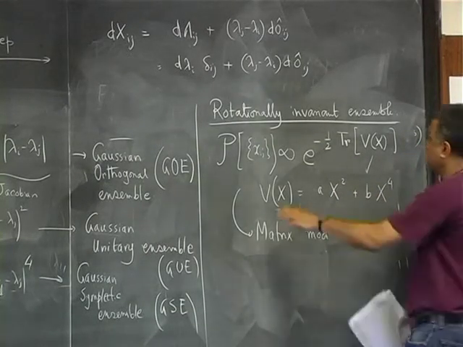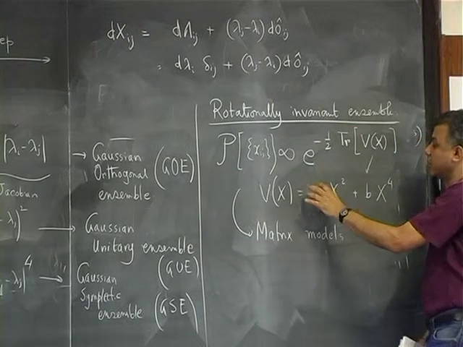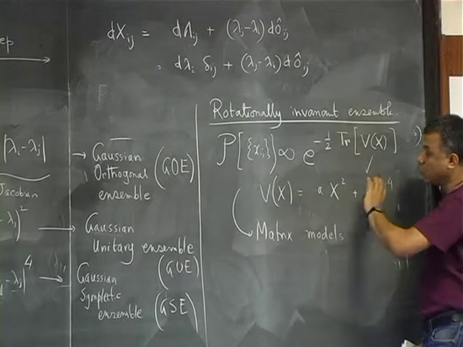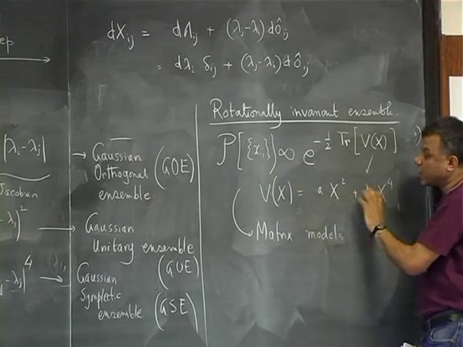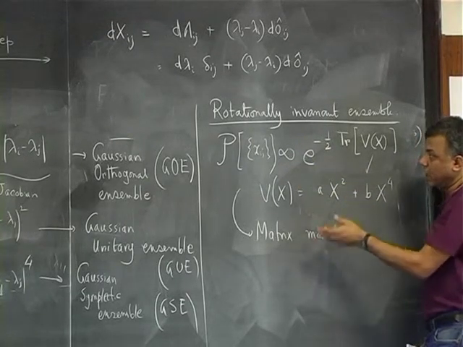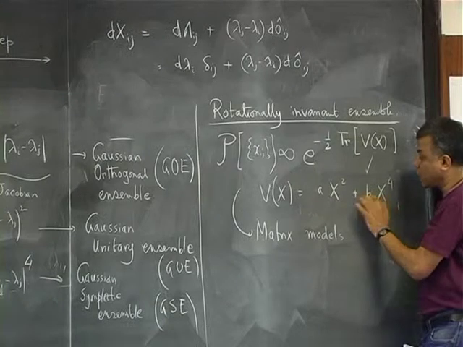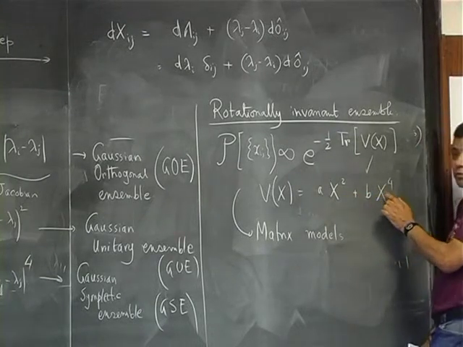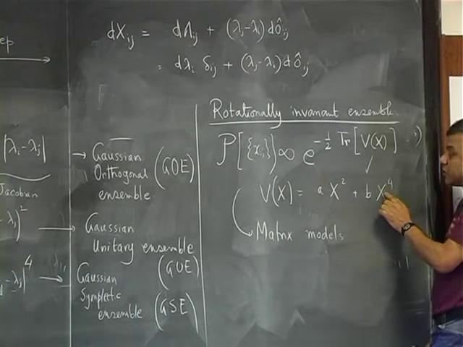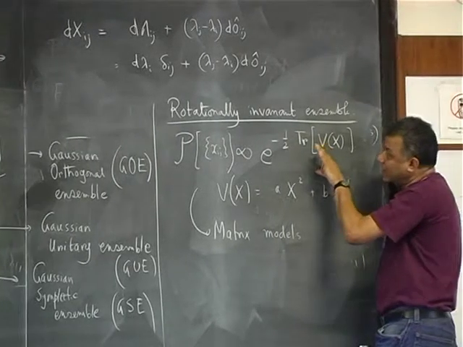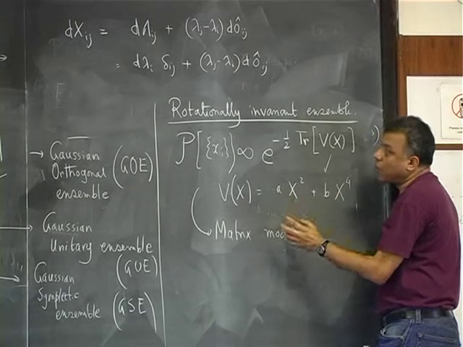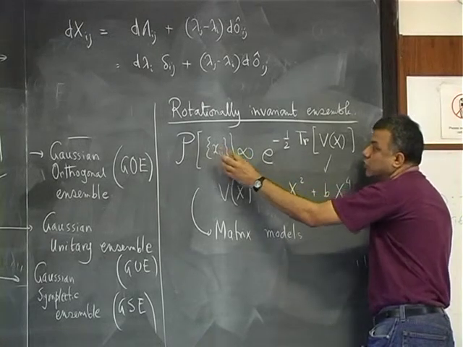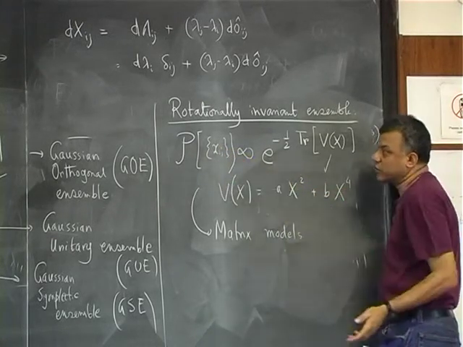Now in all these cases, because of this trace structure, when you make the similarity transformation, clearly this object is invariant under rotation. However, whenever you are departing from Gaussian, for example, when you add some X to the power 4 term here, you see immediately that if you now write everything in terms of the matrix elements, you can no longer factorize the joint distribution into individual distributions of entries.